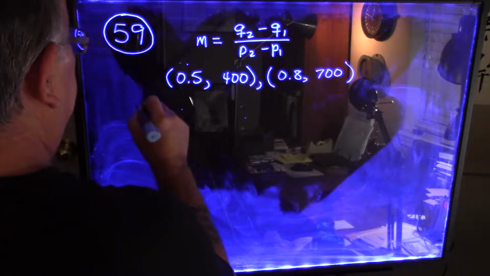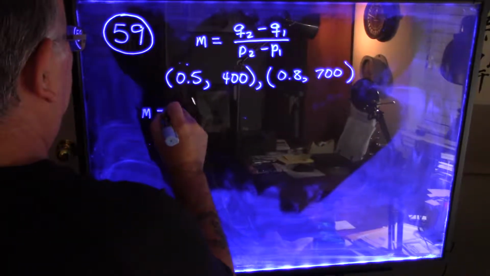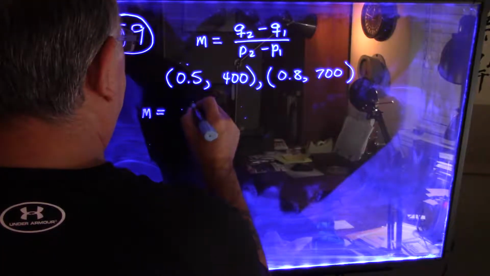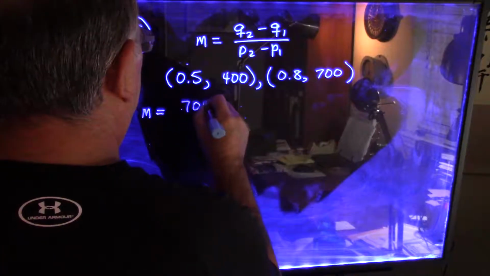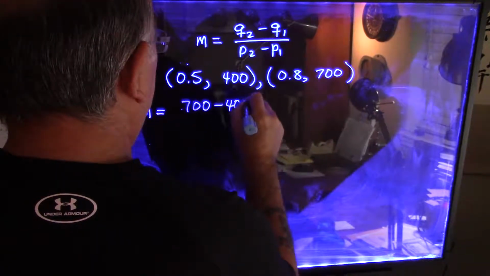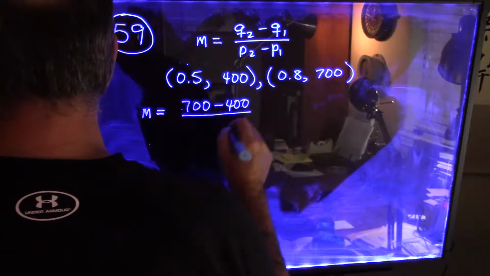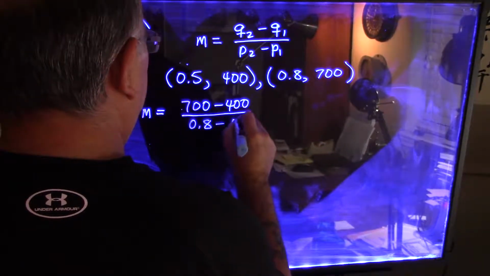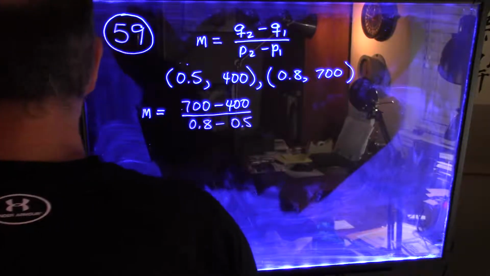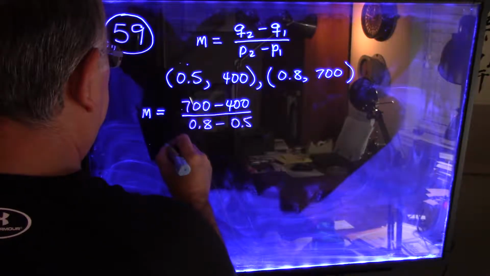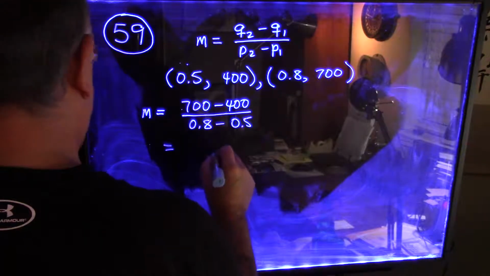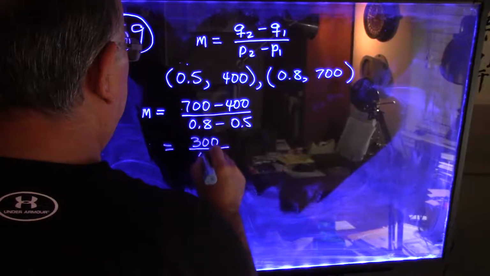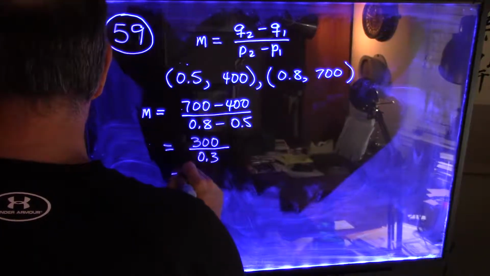So slope m is equal to 700 minus 400 over 0.8 minus 0.5. And that equals 300 over 0.3, and that equals 1,000.